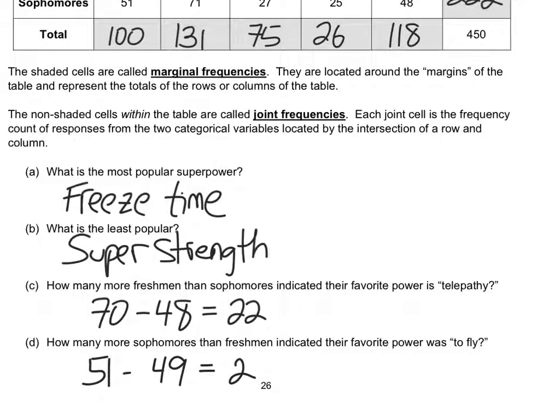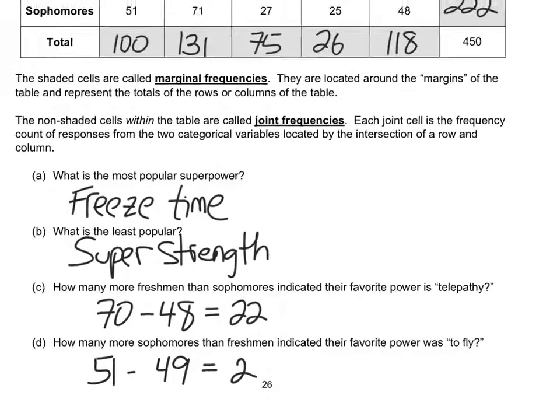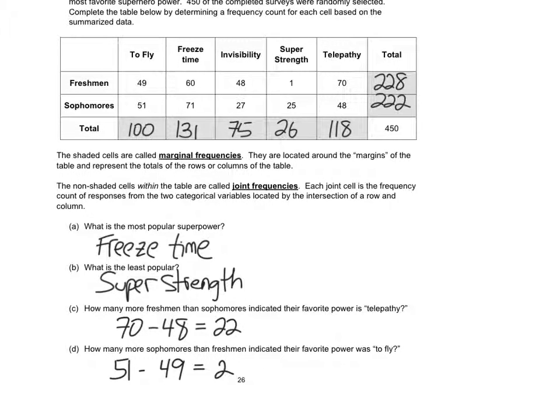All right, so not bad. But before we move on, we want to actually kind of consider what it is we're looking at here. Because again, you got to know the terms. The first two problems are both dealing with marginal frequencies.